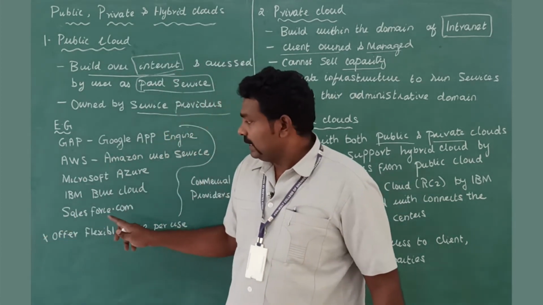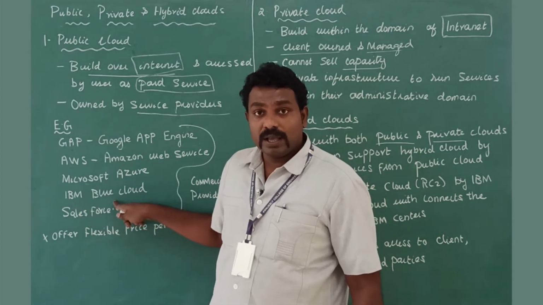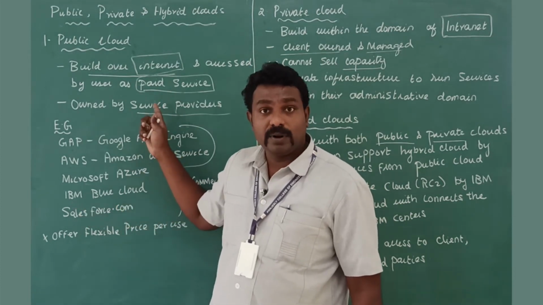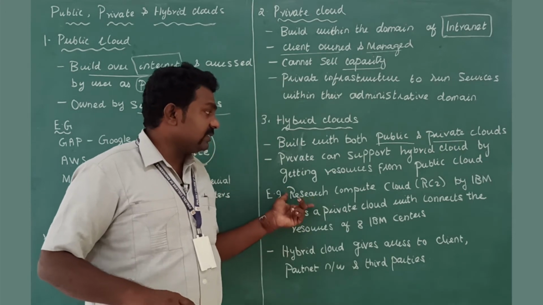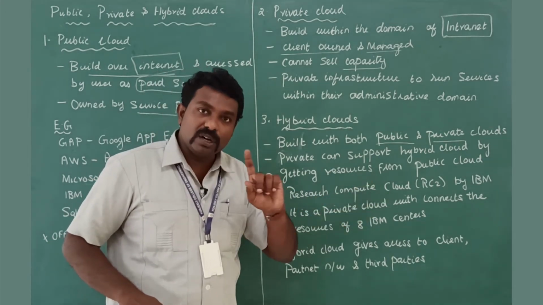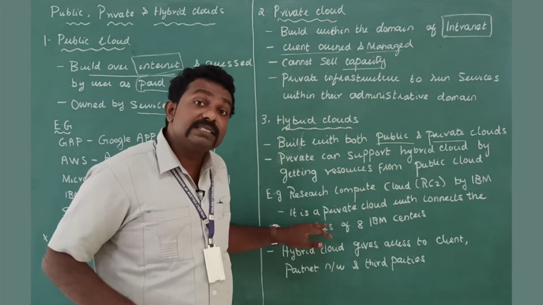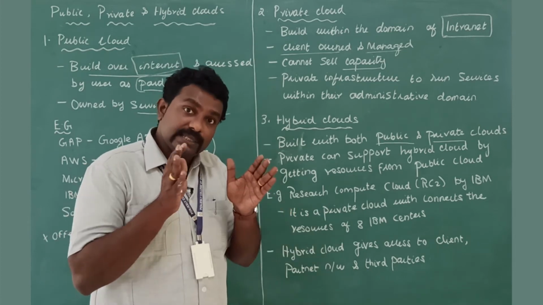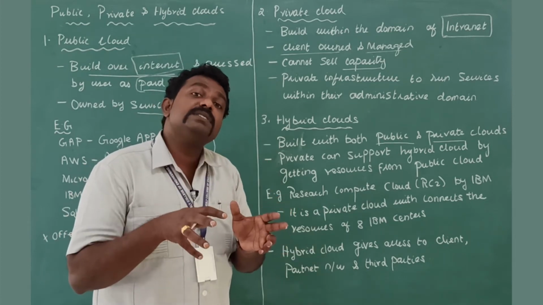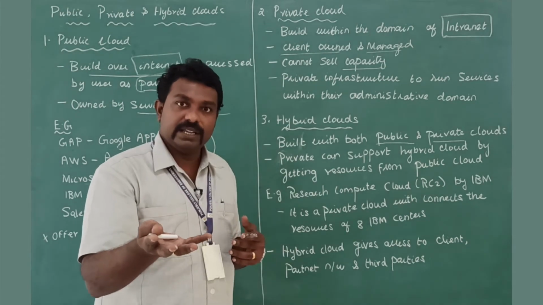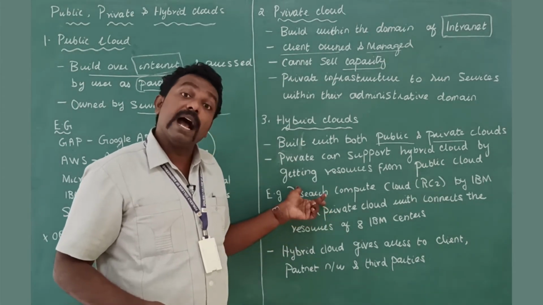In public, IBM has developed Blue Cloud. This Blue Cloud is a public cloud. But this research compute cloud RC2 is also developed by IBM, and it is a hybrid cloud. Basically it is a private cloud, but it gets some services from the outside world. Hence you can include this as a hybrid cloud.